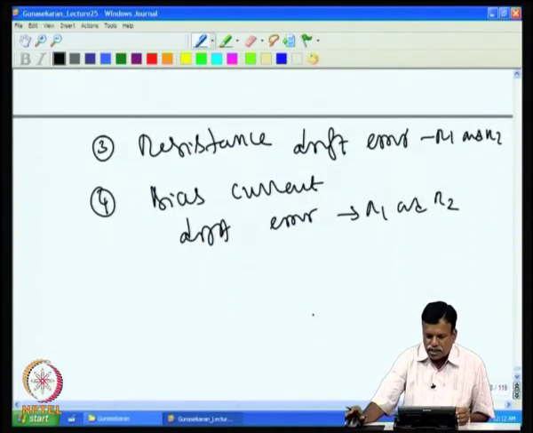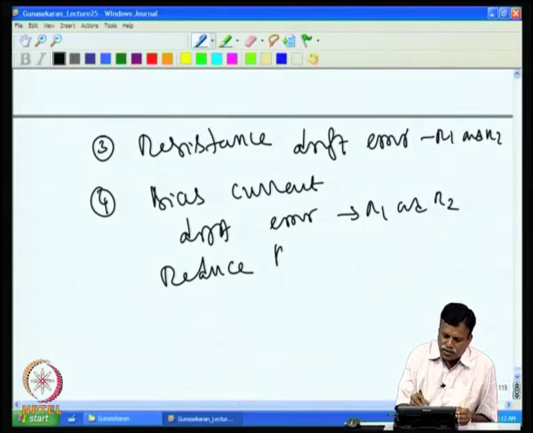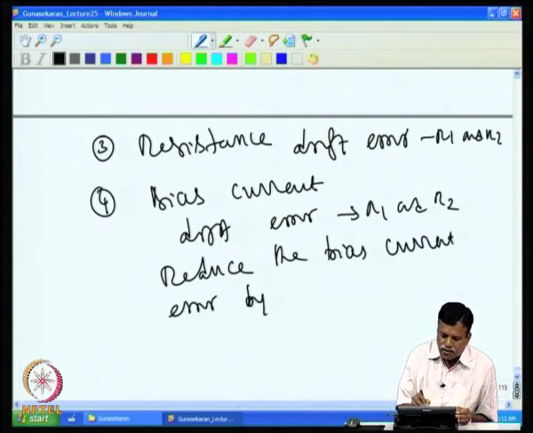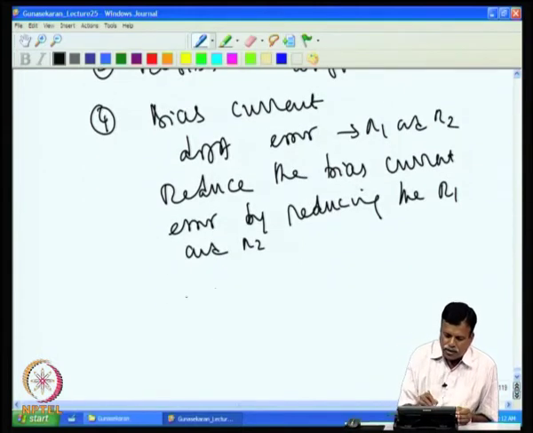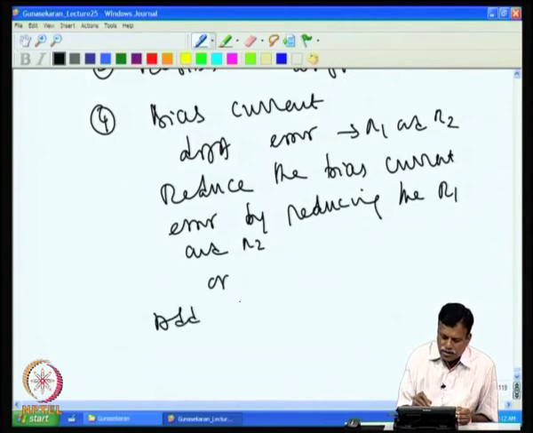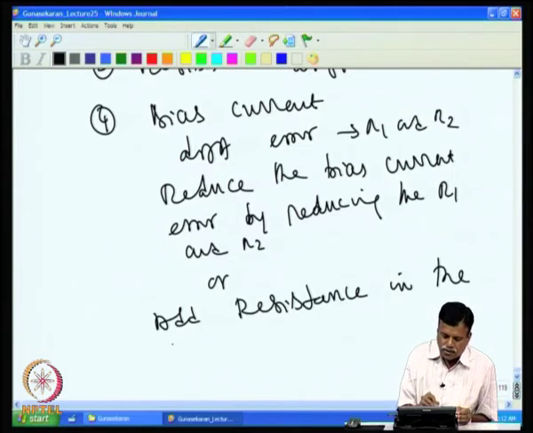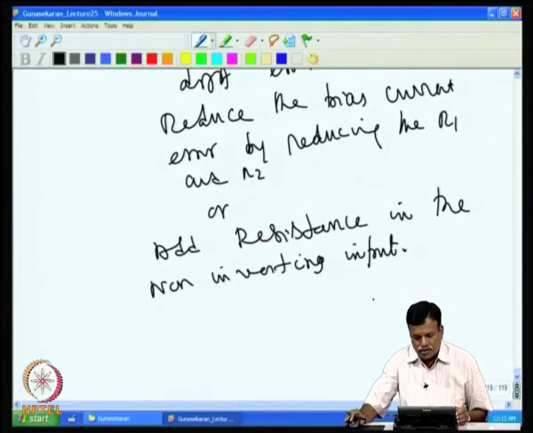I am not calculating here the bias current error, but you can reduce the bias current error by reducing R1 and R2, or alternatively add a resistance in the non-inverting input. So, this is the error that comes in the voltage regulator.